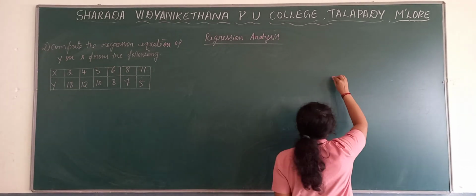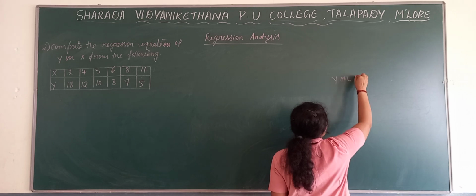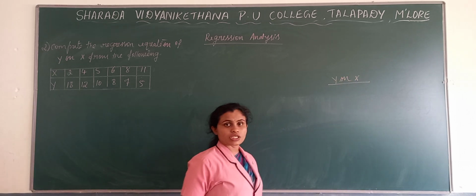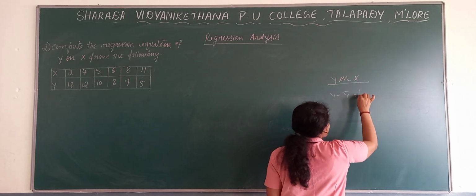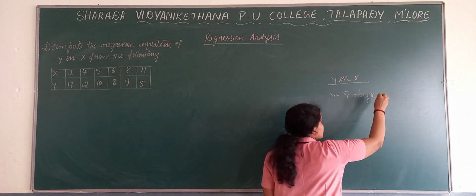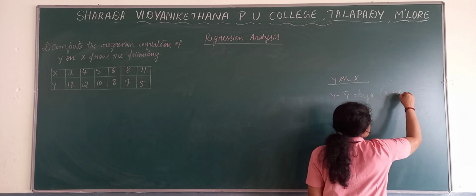So y on x means the equation goes like y minus y bar is equal to byx times x minus x bar.